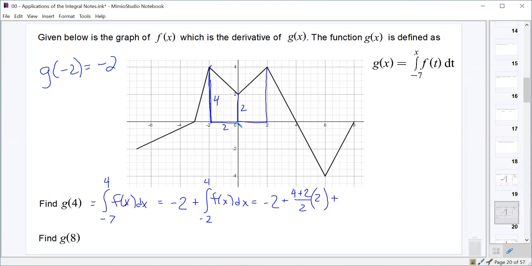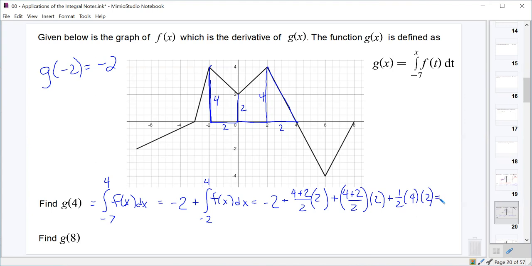This is actually the exact same trapezoid, just reflected over, to get us all the way over to 2. So that'll again be 4 plus 2 divided by 2, times 2. And then we'll add to it this last section to get us all the way over to 4, which has a height of 4 and a base of 2, but it's a triangle, so it'll just be 1/2 of 4 times 2.